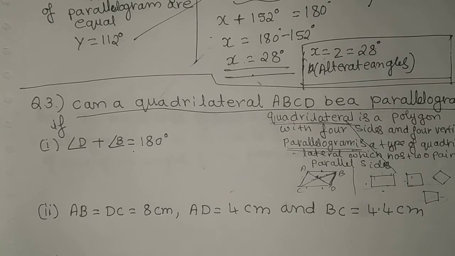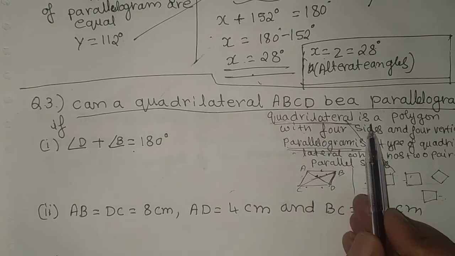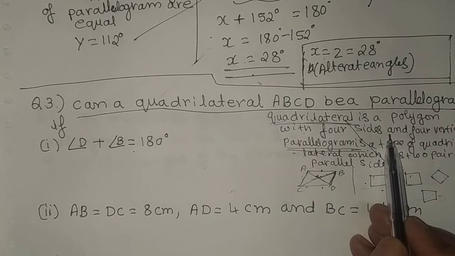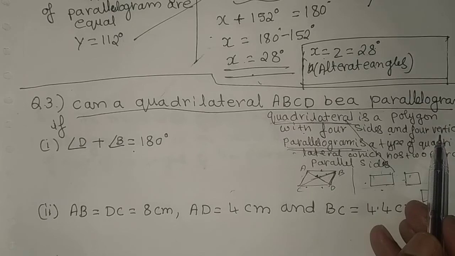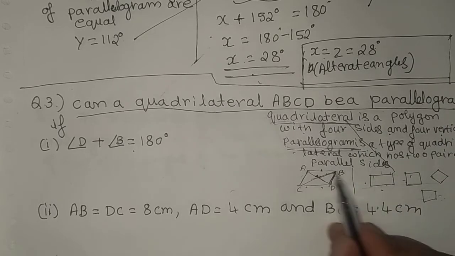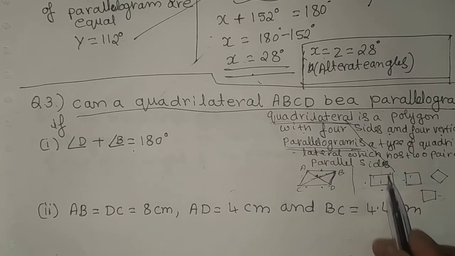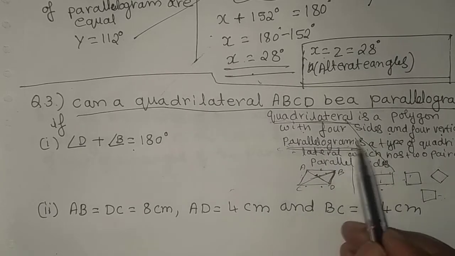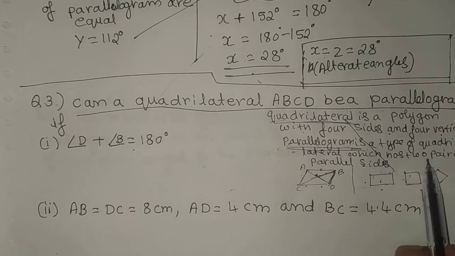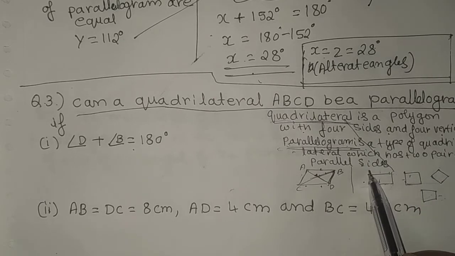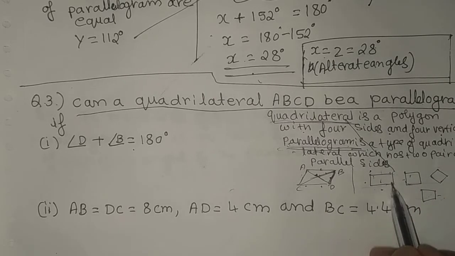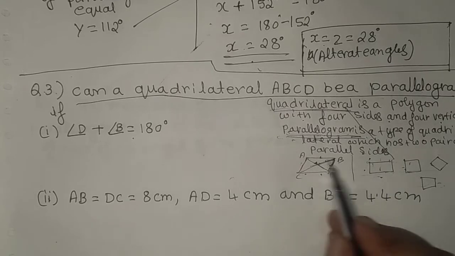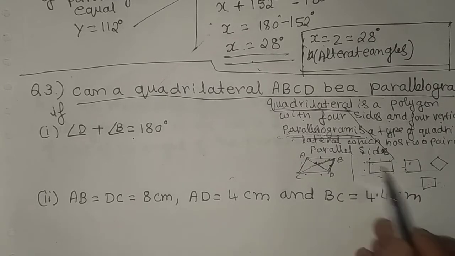A quadrilateral is a polygon with 4 sides and 4 vertices. A parallelogram is a type of quadrilateral which has 2 pairs of parallel sides. We'll take this example, this is a parallelogram and this is a quadrilateral.